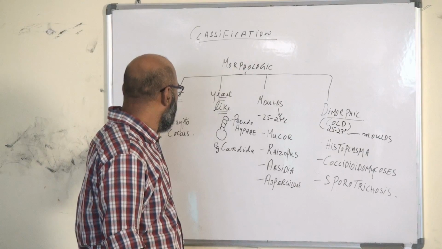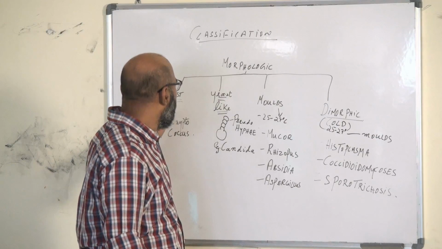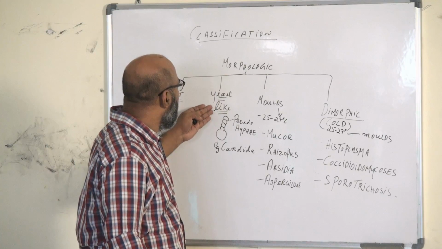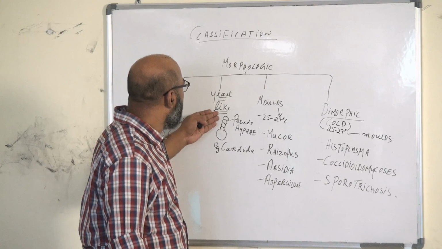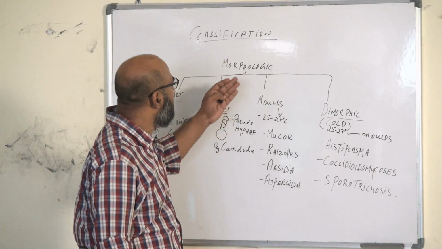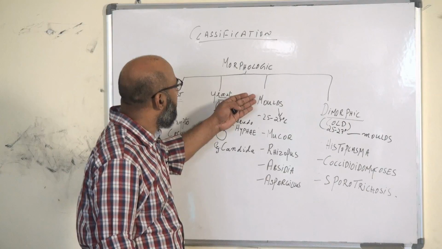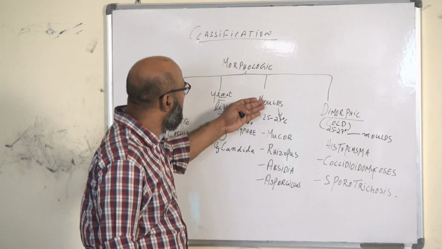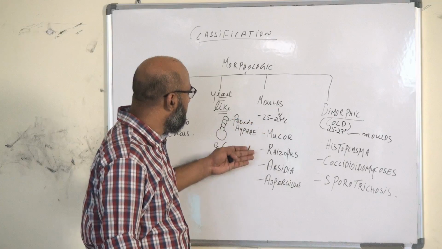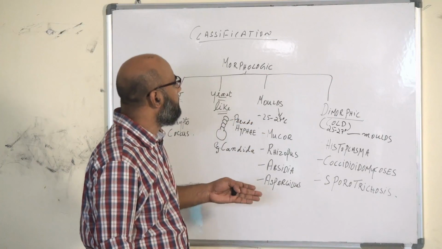Number one is the yeast. Example: Cryptococcus, unicellular fungi. Yeast-like, also unicellular fungi, but the budding appearing as pseudohyphae. Example is Candida. Third are the typical multicellular fungi, which are called the molds. Example of these are the mucor, rhizopus, absidia, aspergillus.